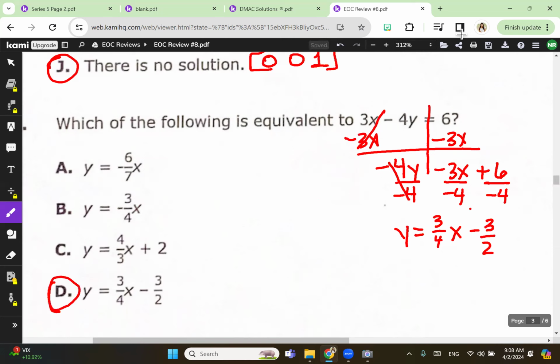Alright. Yeah, that one, there is a calculator trick, but honestly, it's just faster to solve for y. I'm very confident in y'all's ability to solve for y. So just do that.